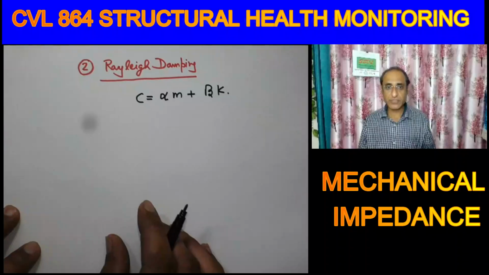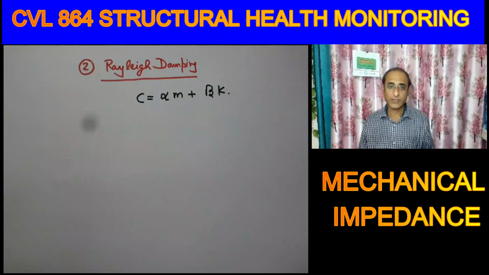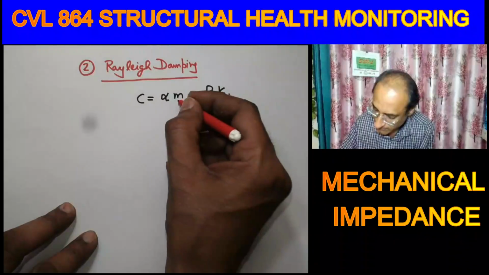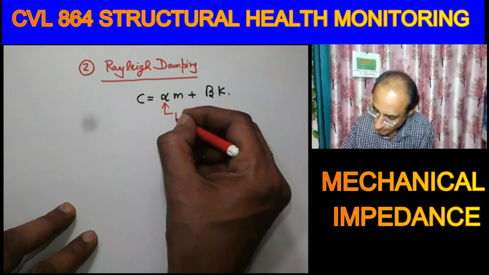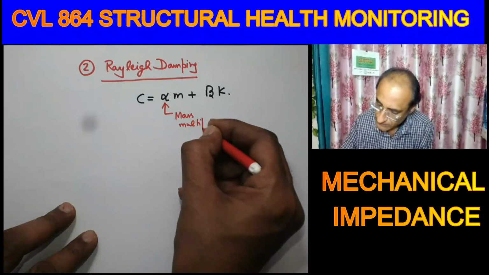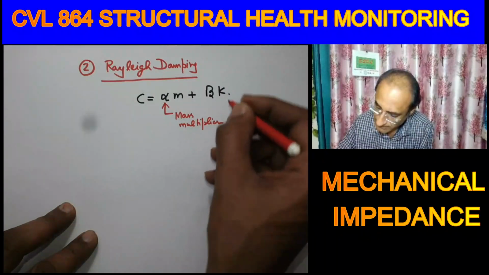Because damping is mysterious, to simplify the computations, Rayleigh expressed damping like this. So this is the mass multiplier and the stiffness multiplier. Alpha is the mass multiplier and beta is the stiffness multiplier.